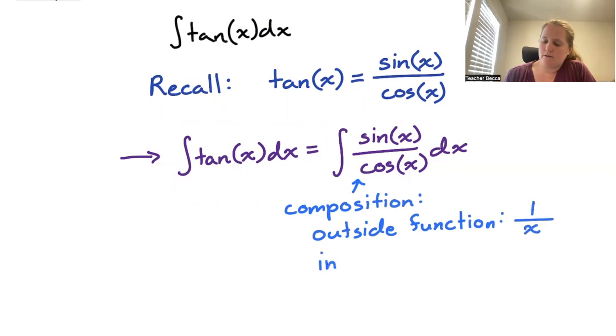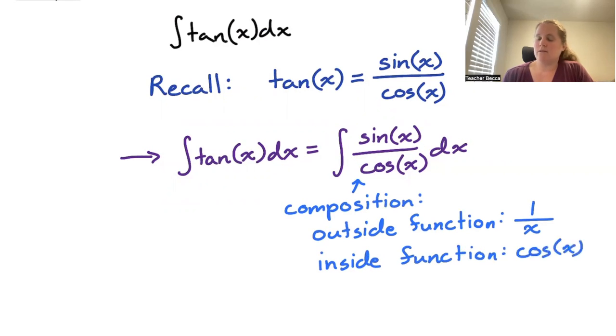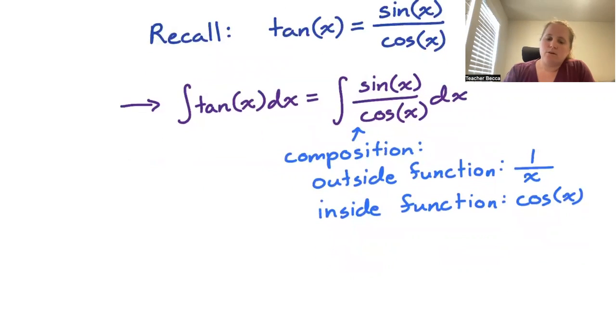We have an inside function of cosine x, and that sine of x in the numerator happens to be precisely related to the derivative of our inside function cosine of x. So let's go ahead and set cosine of x to be our u. So we'll set u equal to cosine of x.